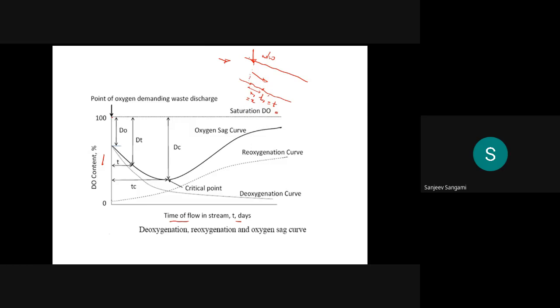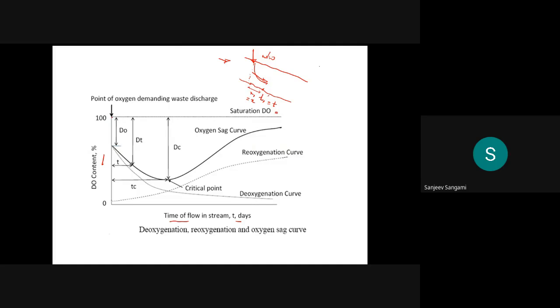Suddenly, when it travels with some distance like this, see what will happen: the DO content will go on decreasing. Means as it travels, it goes on decreasing. Means the curve will come like this at this point.